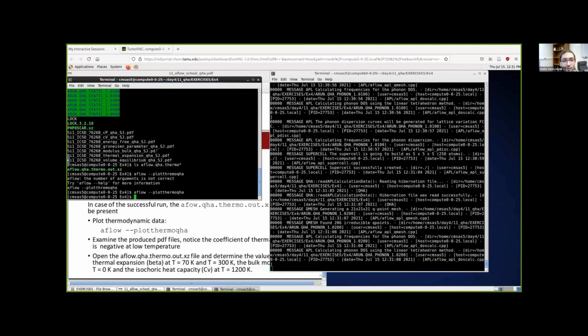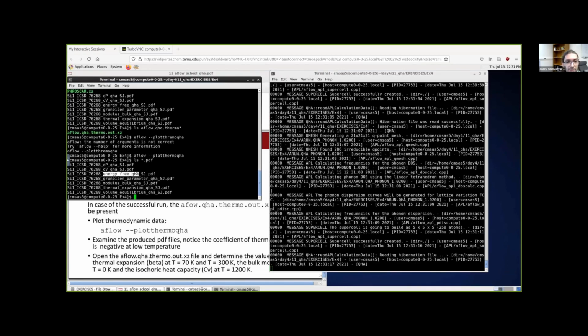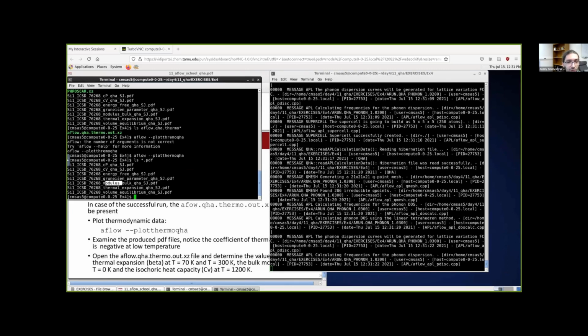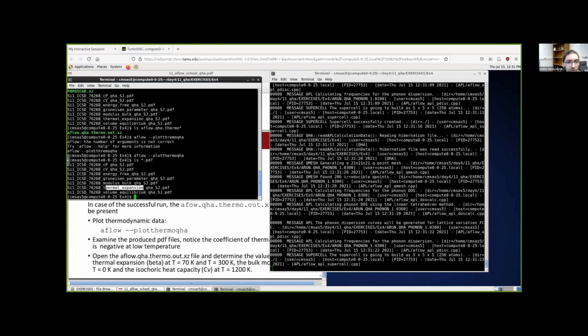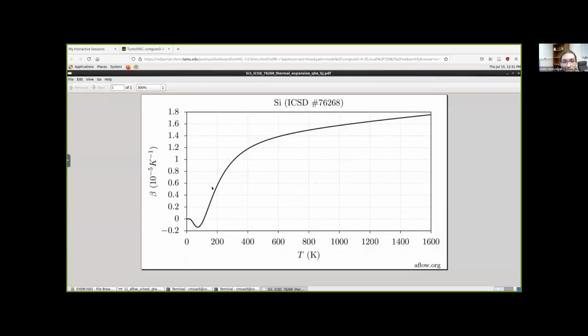And so we can see you have a few files: isobaric heat capacity, isochoric heat capacity, free energy as a function of temperature, Grüneisen parameter as a function of temperature, bulk modulus, thermal expansion coefficient, and equilibrium volume as a function of temperature. And for example, we can open the thermal expansion and see by ourselves that it's actually negative for low temperatures and it decreases with temperature.